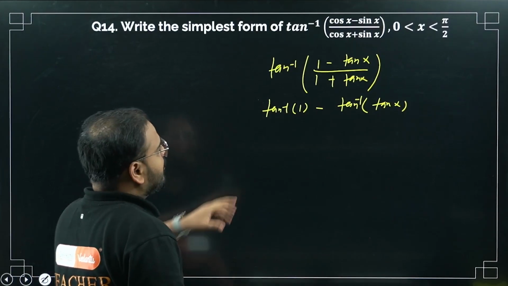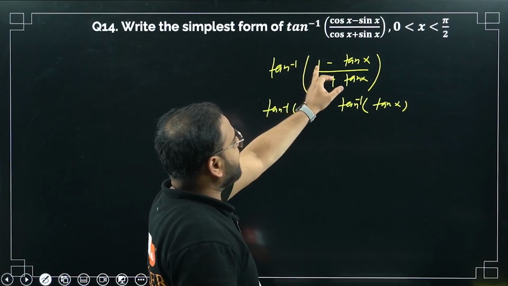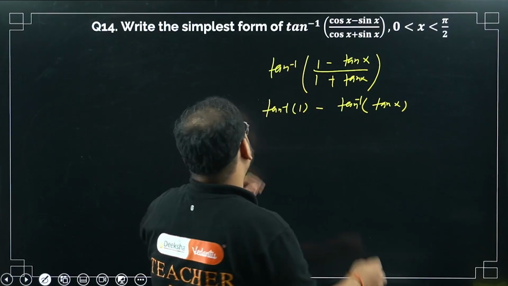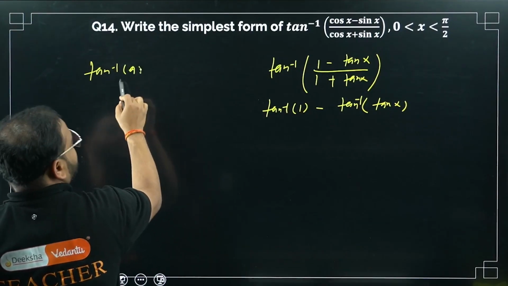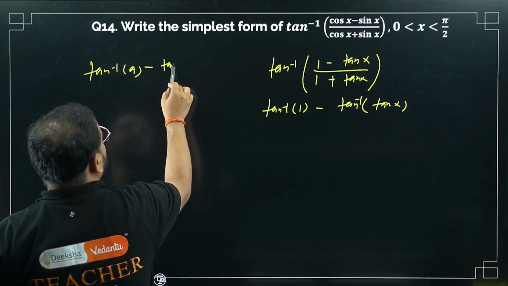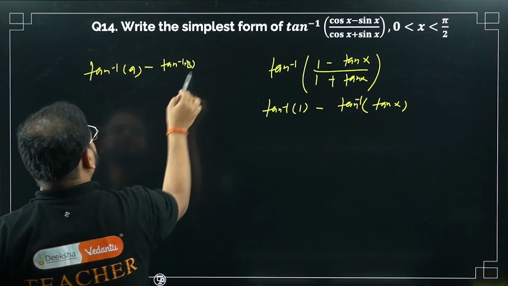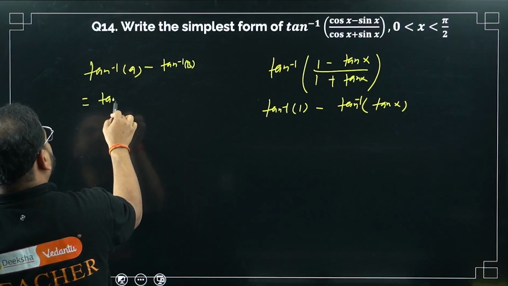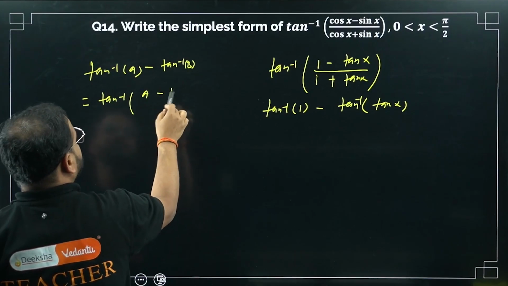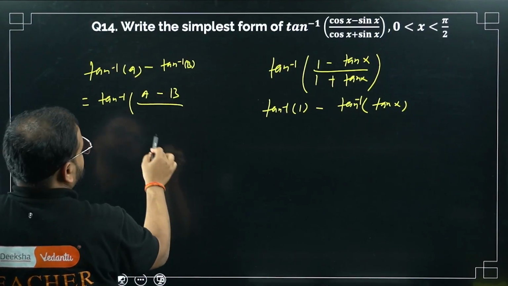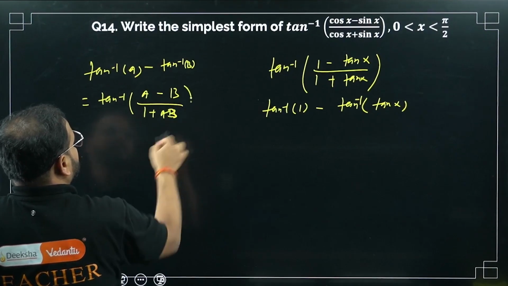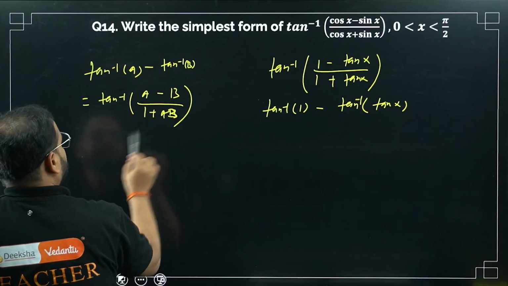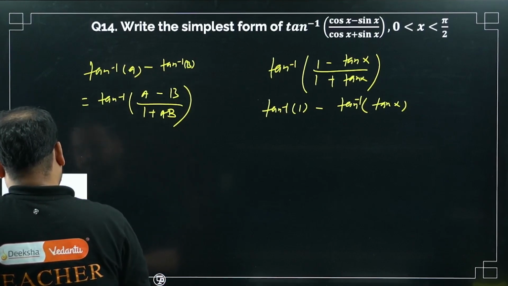Same formula. What is this? Tan inverse of a minus tan inverse of b. Please check. How much is that? Tan inverse of a minus b upon 1 plus ab.